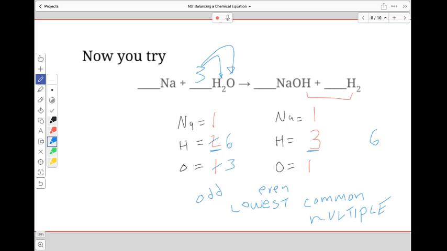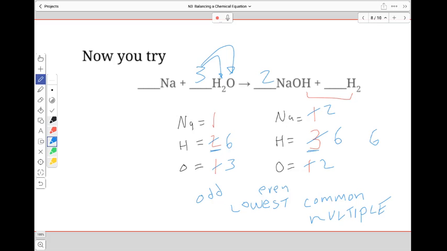Okay. And then over here, in order for me to get this to balance out, one of the things I might want to do is put a coefficient of 2 here, which seems to have screwed this one up a little bit. So we're going to play a little bit. So in this case here, I'm going to have my 2 sodiums, my 2 oxygens, and 2 times 3 is 6 hydrogens.